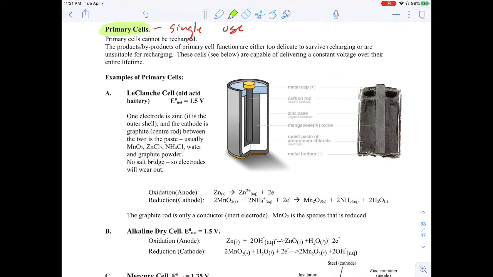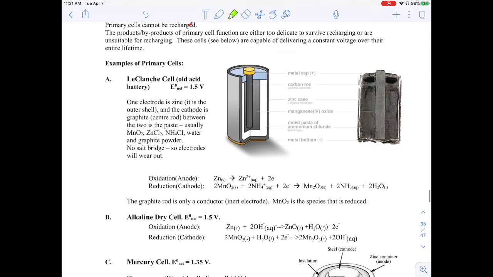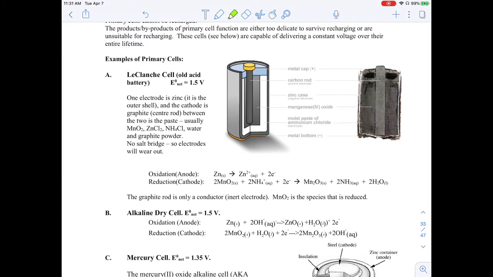And so in this Leclanche cell, and nobody's going to ask you for the name of this cell, it's not really that important, it's got a carbon rod and a zinc case. Those are the two electrodes, and it's got manganese(IV) oxide as well as a moist paste of ammonium chloride. So the ammonium chloride is going to be the electrolyte, and then you've got the two electrodes here.